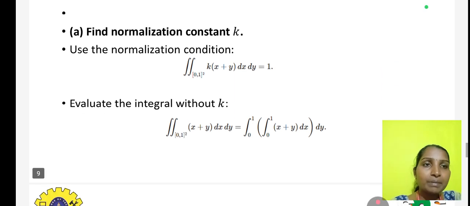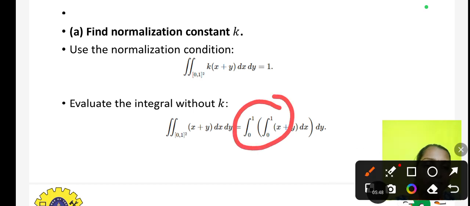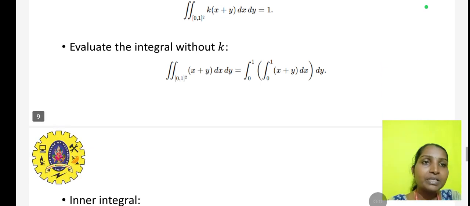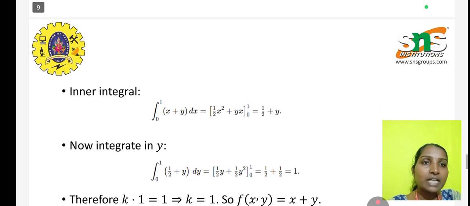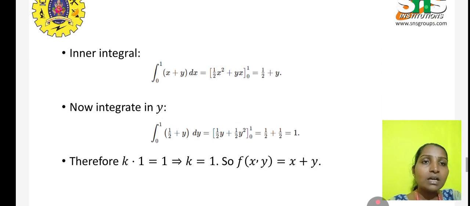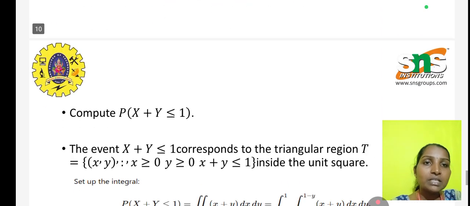The limits are 0 to 1 for both variables x and y. With simplification, as we have done in previous classes, we notice that k is equal to 1. Therefore, this gives the solution for the inner integral.